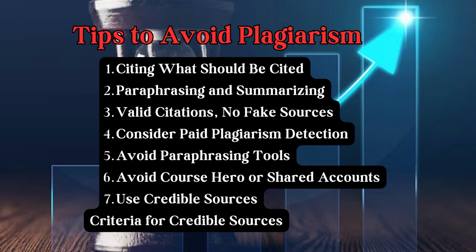So, what is the criteria for credible sources? They should have identifiable authors with credentials. They should have an unbiased perspective. They should have respected academic journals and authors. There should be no grammatical or stylistic errors.